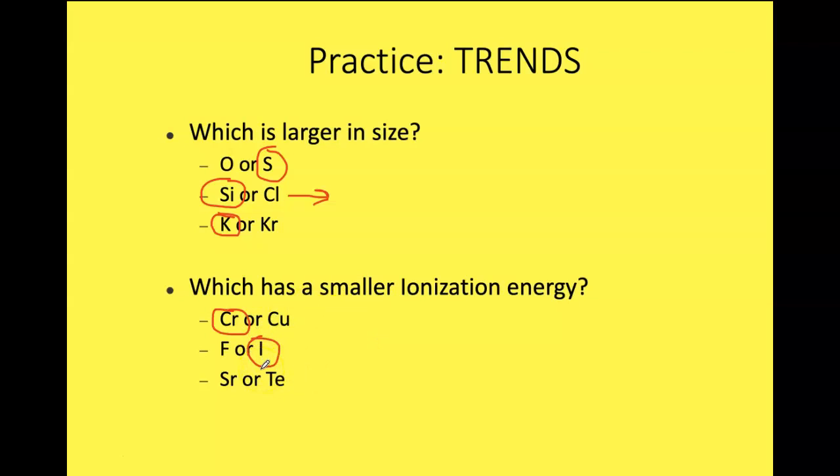How about Sr or Te? So locate Sr and Te on your periodic table. Sr, of course, is all the way to the left, strontium. We looked at that earlier. Te, I'm struggling to find Te myself.